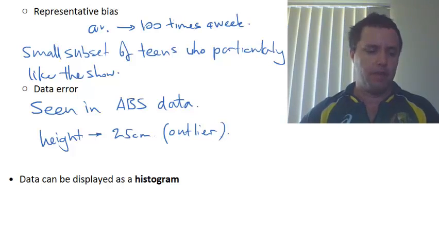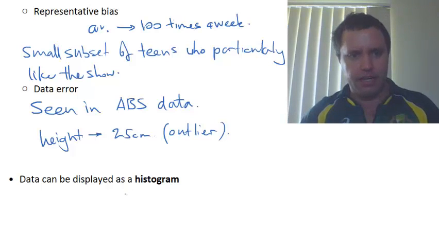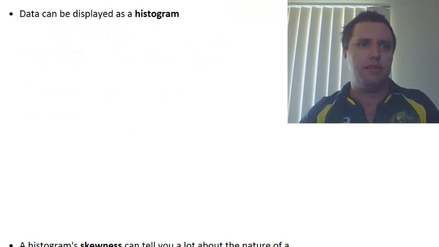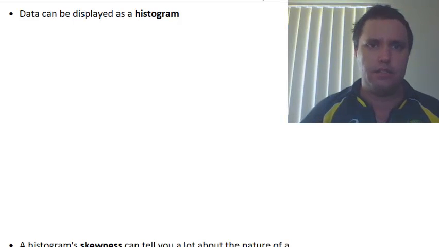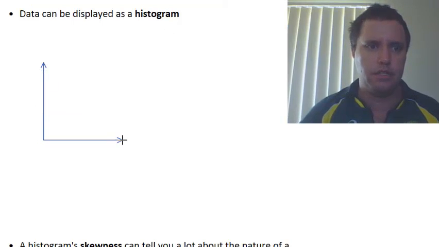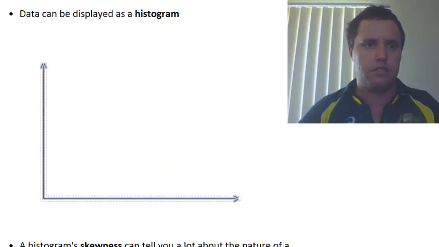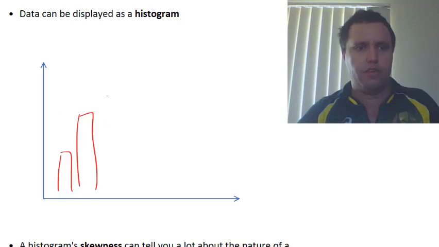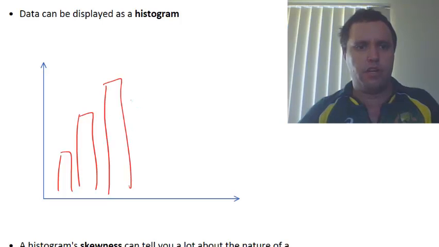Okay, right. So our data can also be displayed as a histogram. Some of you might have already been doing this in your books, where you make little columns. Histograms are supposed to be touching actually. So let's pretend that it's like this.